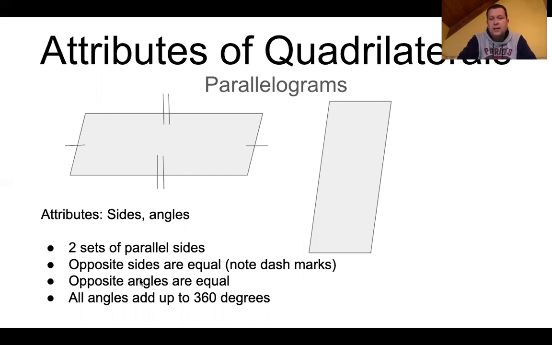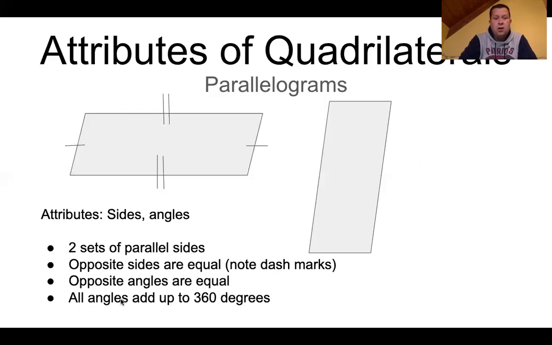And opposite angles are equal. So you have this equivalent to this and this equivalent to this. That will become very important when you go up to 6th, 7th, 8th grade, and you have to figure out those angles. And you just did triangles, which all the angles added up to 180 degrees. Well, guess what?